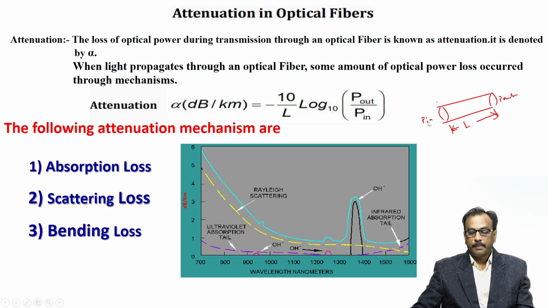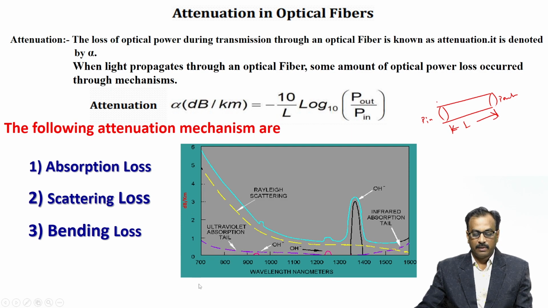P input is the optical power launched into the optical fiber. P output is the optical power received at the receiver end. The attenuation occurs in optical fiber due to these mechanisms: absorption losses, scattering losses, and bending losses.